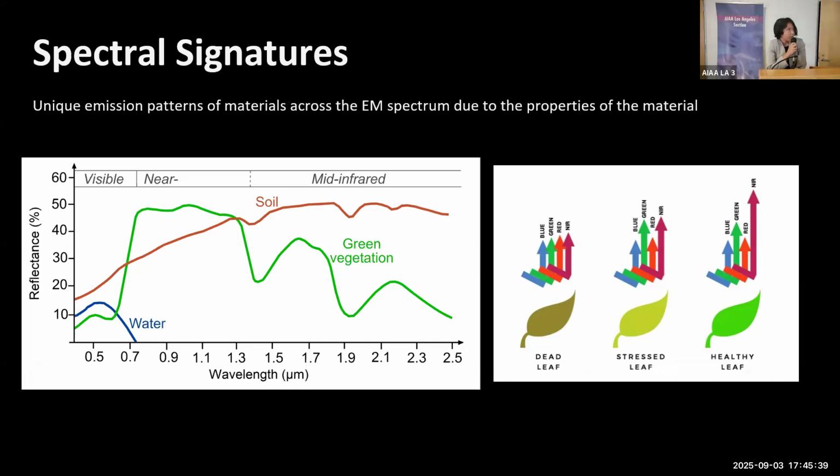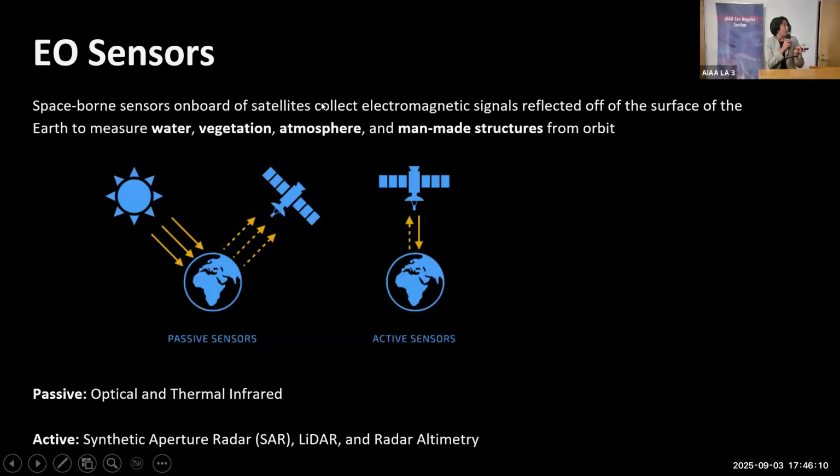Things such as soil absorb a lot more within the mid-infrared, and they typically have a higher reflectance value than things such as water or green vegetation in specific segments of the electromagnetic spectrum. By leveraging these spectral signatures to classify different objects, we're able to analyze things such as crop monitoring, changes in weather, and other disaster response cases.